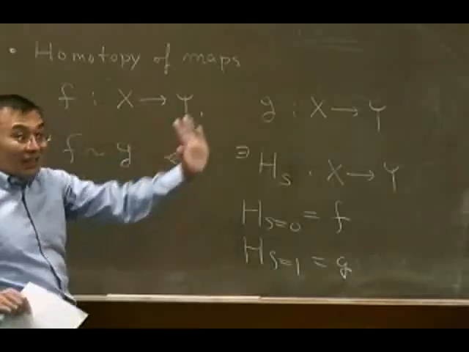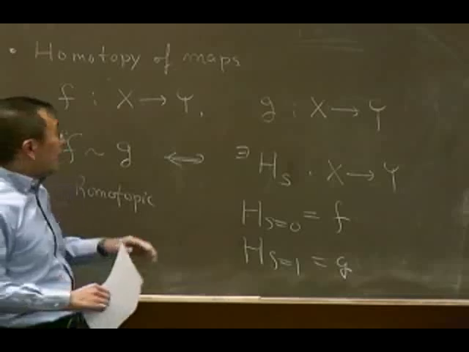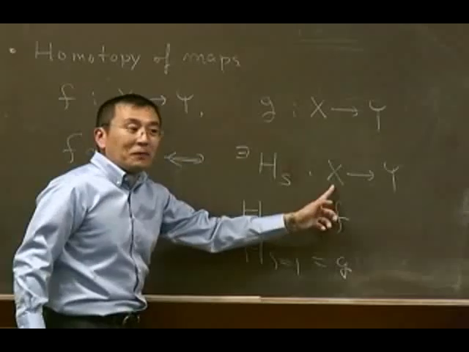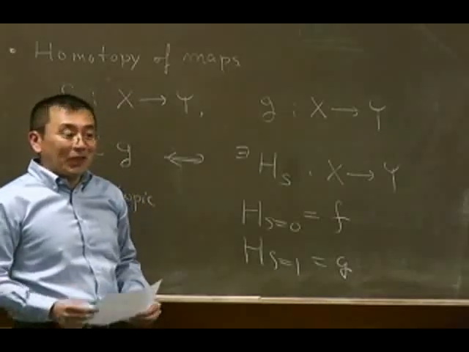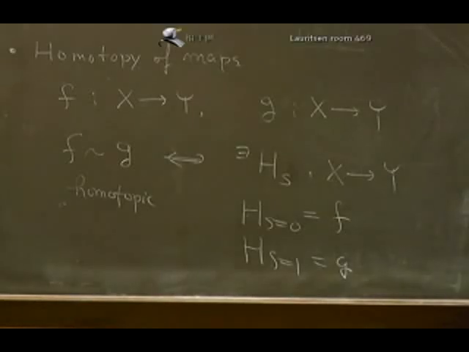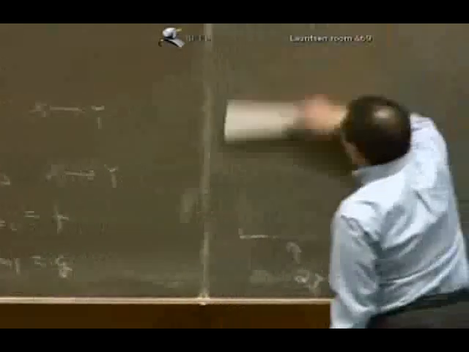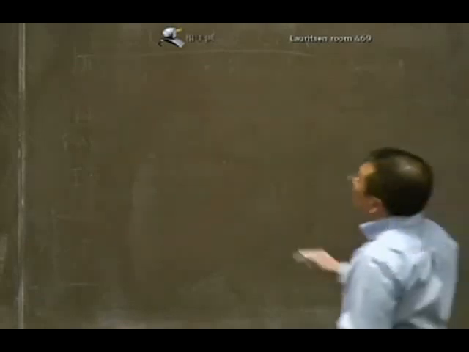And it is in that sense that we have been defining homotopy groups. In that case, I'm taking X to be a sphere and Y to be the topological space that we are interested in. But we can also define the homotopy type of a space itself.